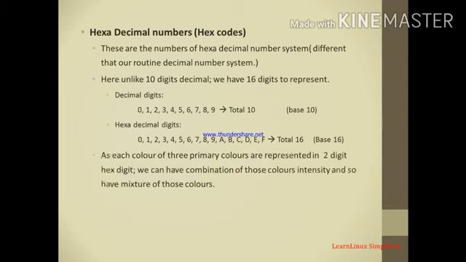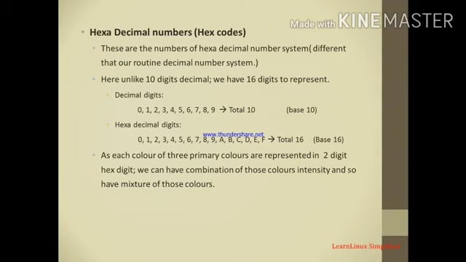As each of the 3 primary colors is represented by a 2-digit hex value, we can have combinations of those colors' intensities and so a mixture of those colors. As I said, we have 6 hexadecimal digits, which is a pair of 2 digits representing each primary color, red, green and blue, right? So it will display a mixture of those colors' intensities.